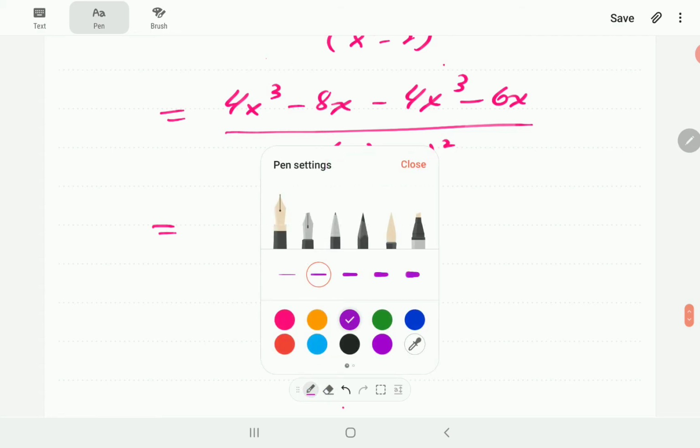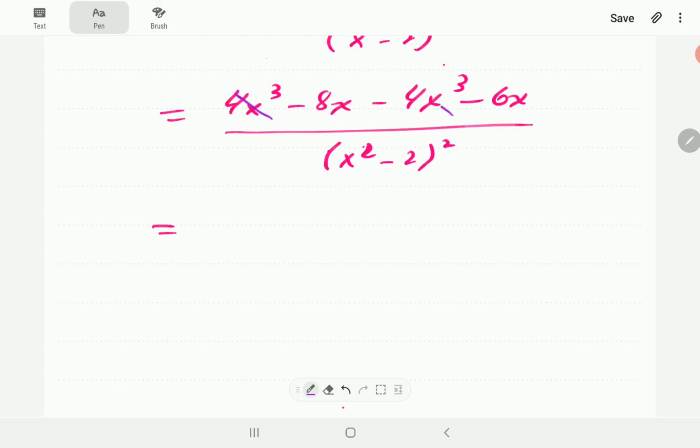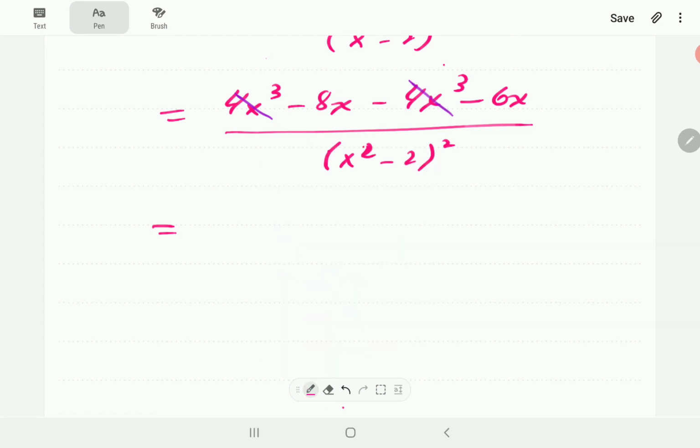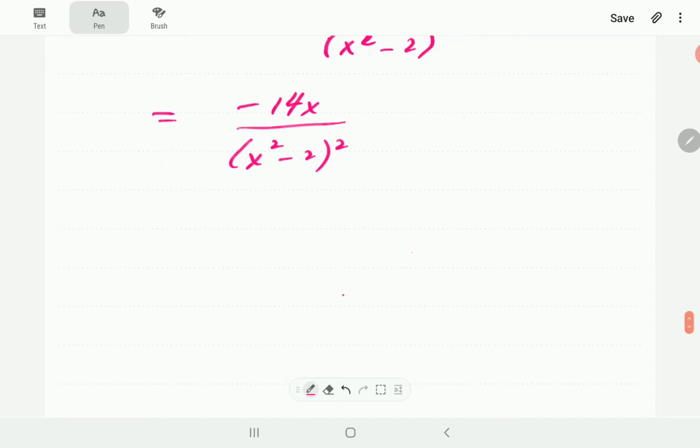The x cubed terms are going to cancel out, and so we're just going to have minus 8x minus 6x, so it's going to be negative 14x all divided by that. Okay, so that is our first order derivative.